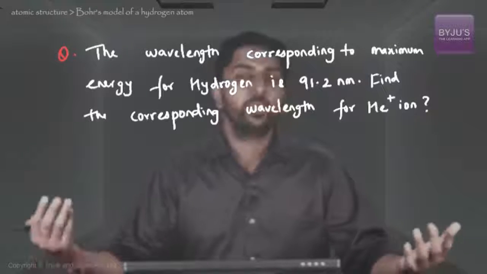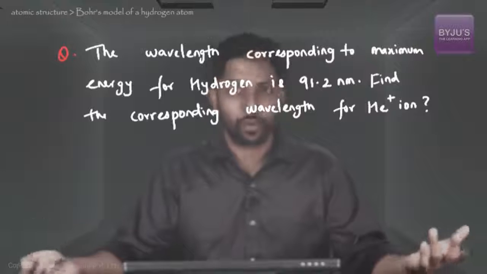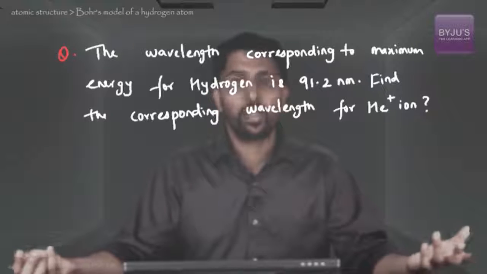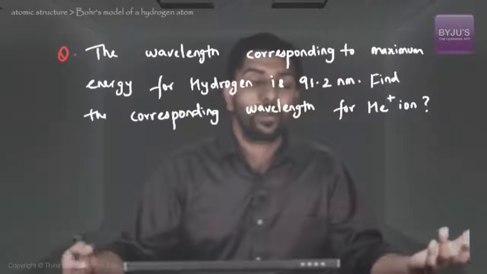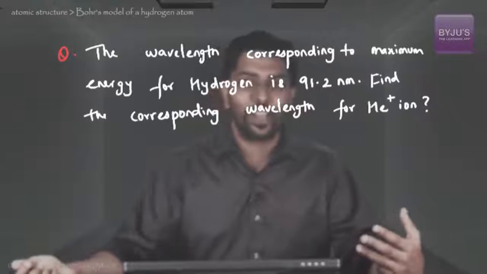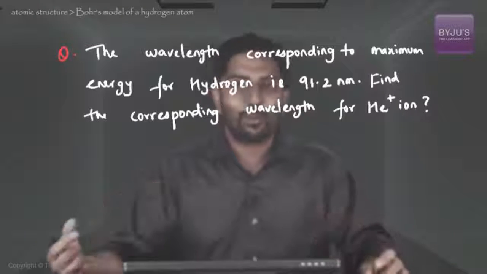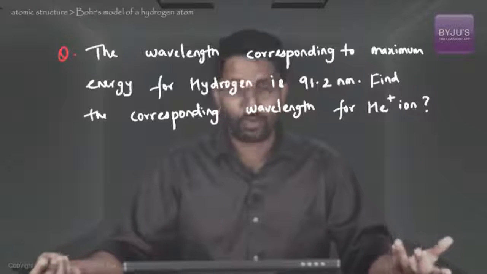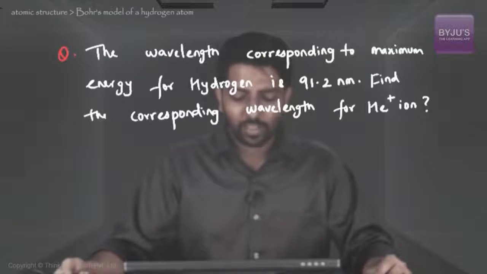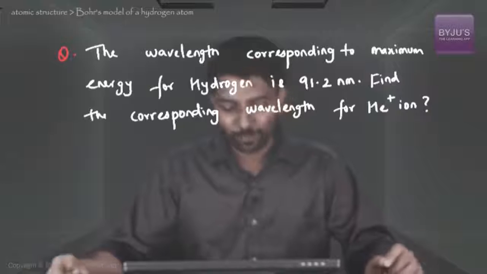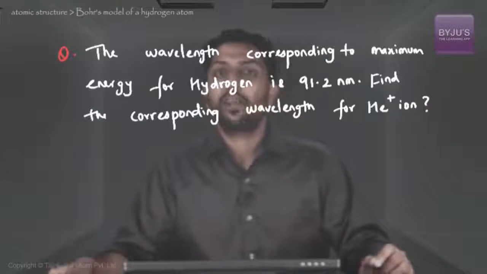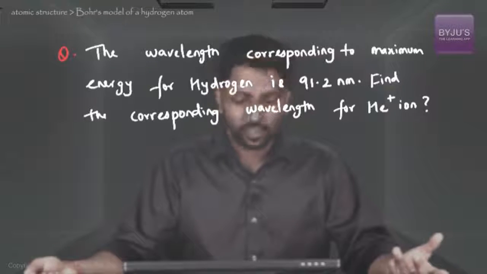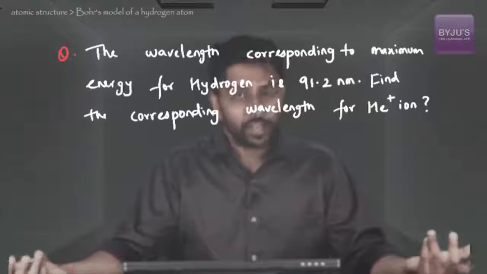So what is the difference between a hydrogen atom and a helium ion? Obviously don't tell me that one is an atom, one is a neutral species and the other is an ion. With respect to this particular problem, we are not interested in something so obvious. Both are one electron species, and most importantly helium has more protons than the hydrogen atom, is it not?